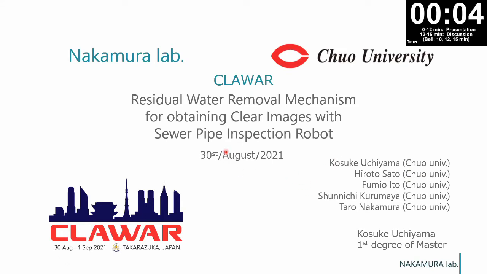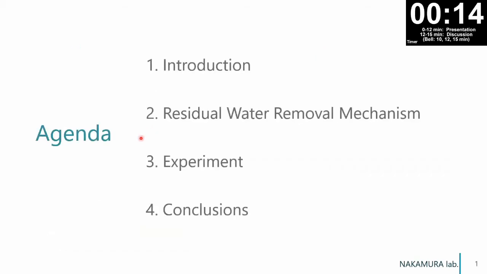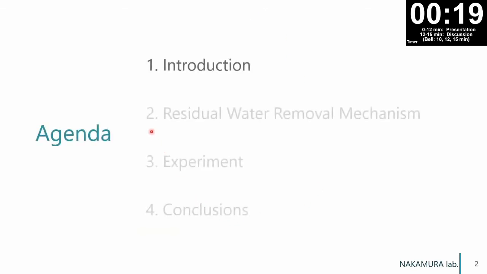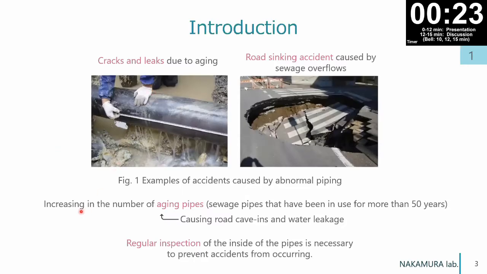I'll give a presentation titled Residual Water Removal Mechanism for obtaining clear images with sewer pipe inspection robot. This is my presentation agenda. First, I'd like to present the introduction. Sewage is an important infrastructure facility in the world.